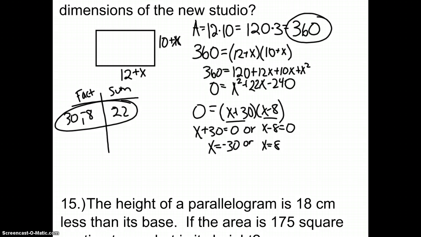And now we have to think about the problem, and we have a negative number, and we can't have a negative length, so negative 30 is not going to be a solution. So our solution is x equals 8. And we're finding the dimensions, so we substitute 8 in for our x. So 12 plus 8 would give us a new dimension of 20 by 18.